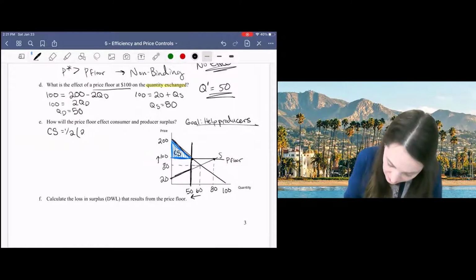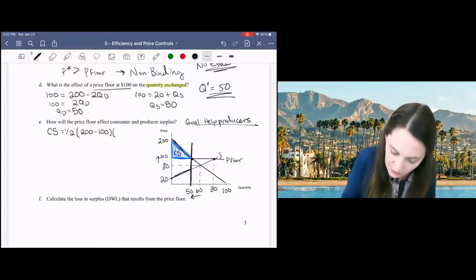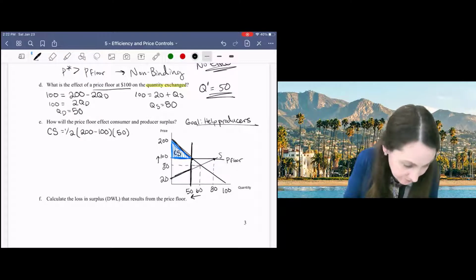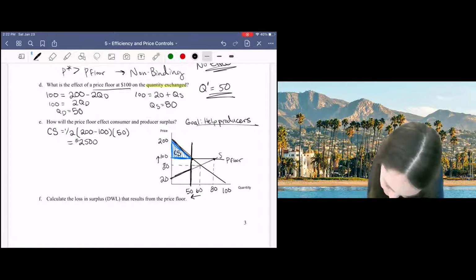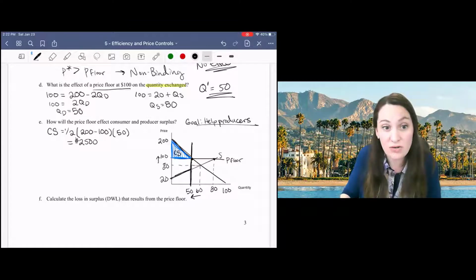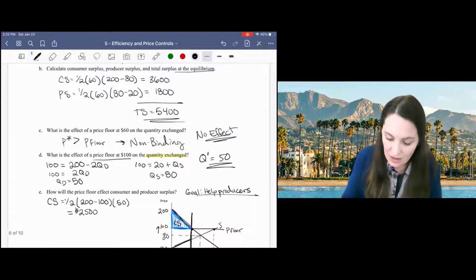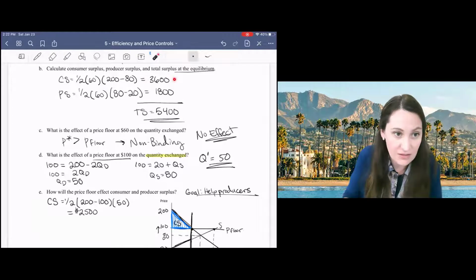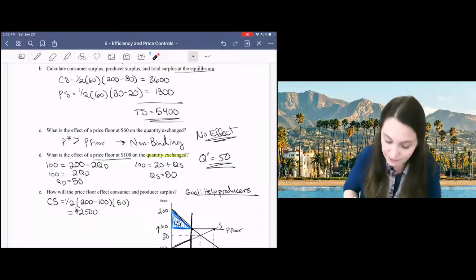All right, so we've got 200 minus 100 for the height, and the base will be 50, giving us consumer surplus of 2,500. So just like I told you, consumers are worse off. If we compare consumer surplus before the price floor to consumer surplus after the price floor, we can see it's lower. And it will always be lower as consumers pay a higher price and consume a lower quantity.